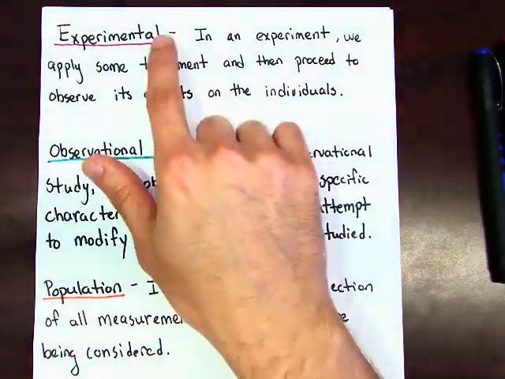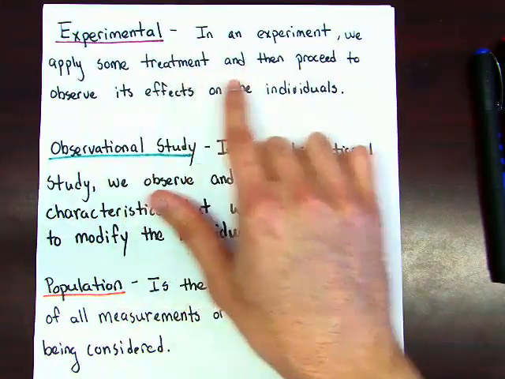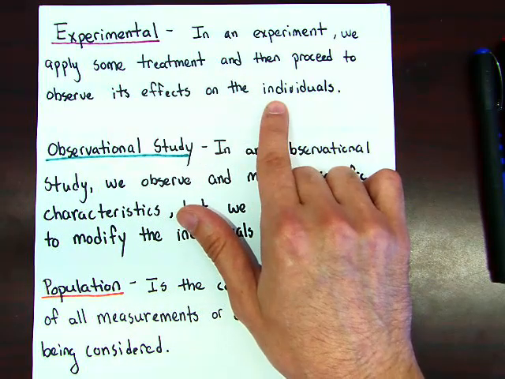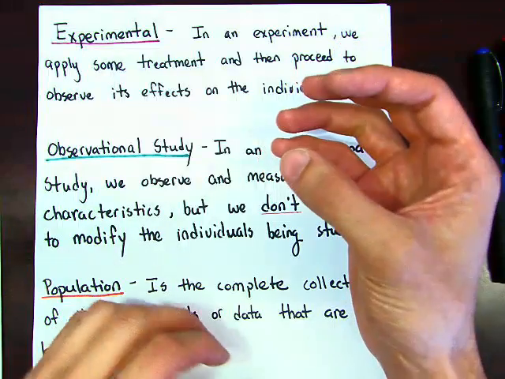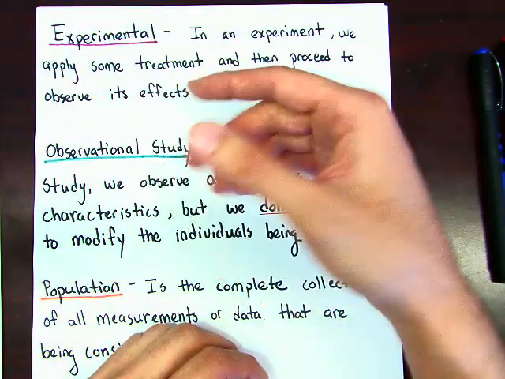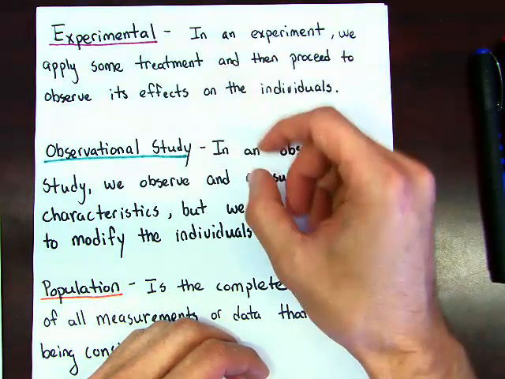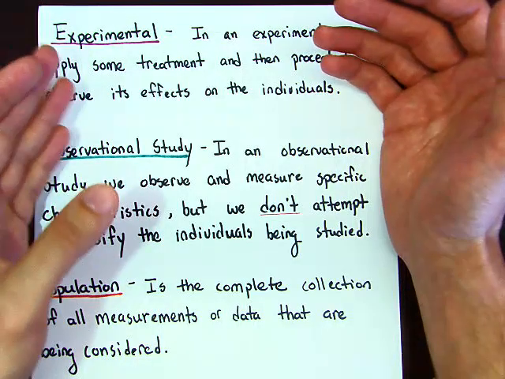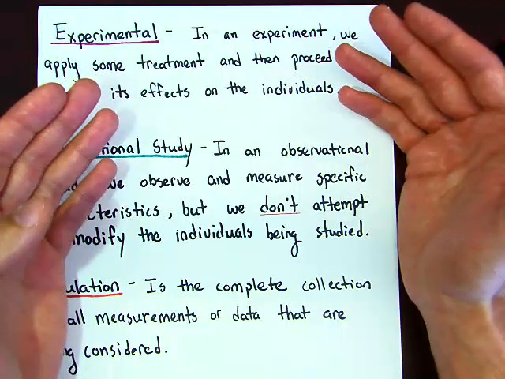An experimental study is one where we apply some treatment and then proceed to observe its effects on the individuals. So notice that for an experimental study, you have to apply some sort of treatment, like the placebo effect, where you're giving some sort of pill or something to the individuals, and you're trying to see if something changes.